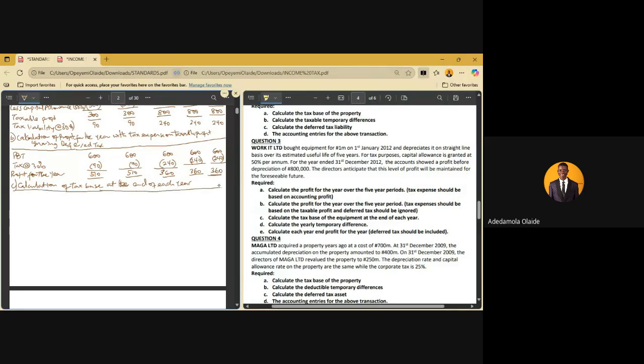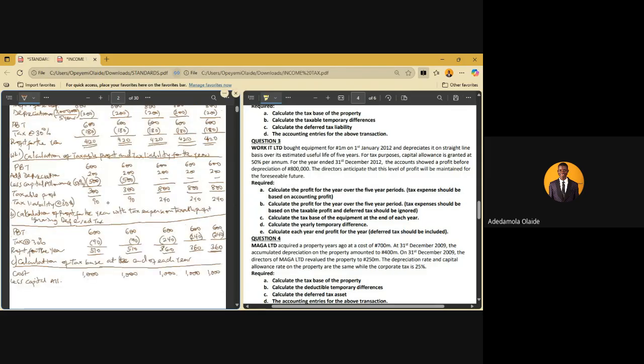So we'll have what? To calculate tax base, I need cost, which is 1 million. Less capital allowance. Capital allowance, like we did here, is 50%. So it will be 500 in year 1.